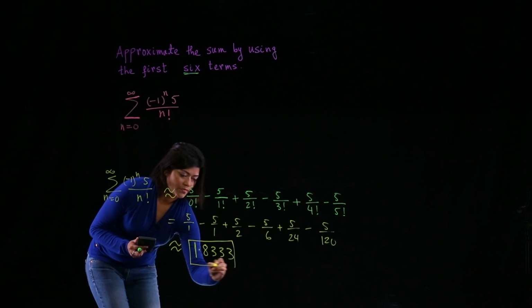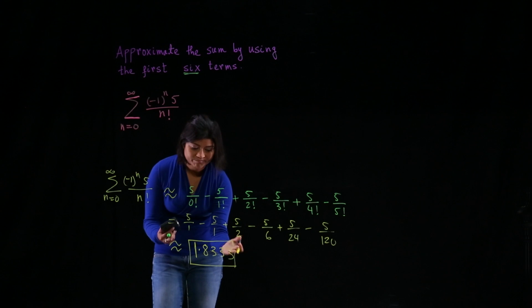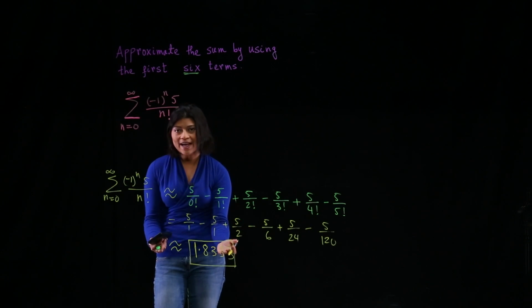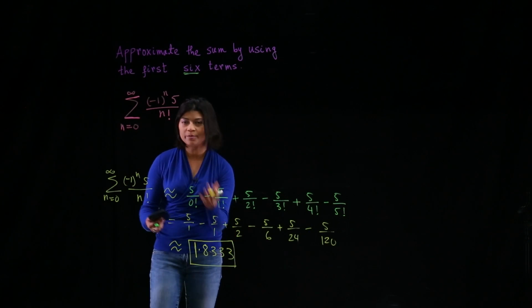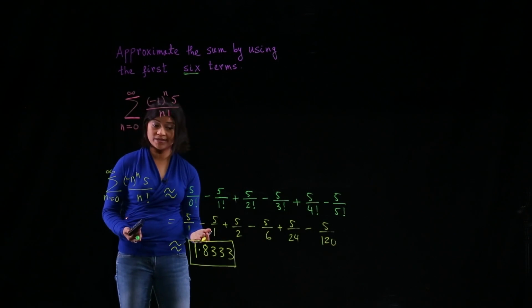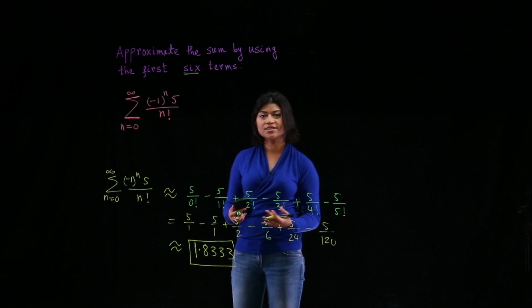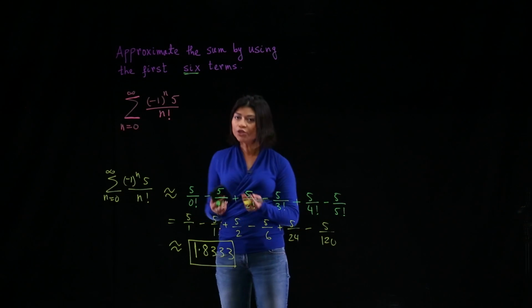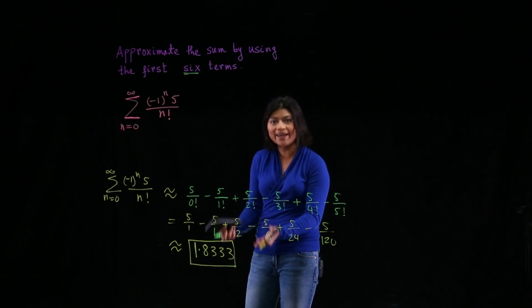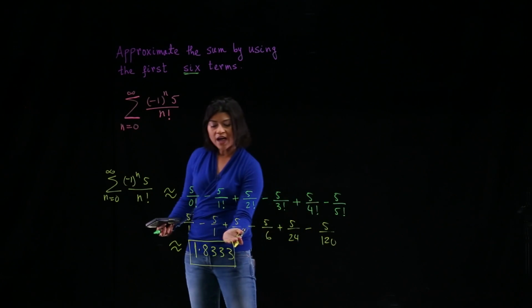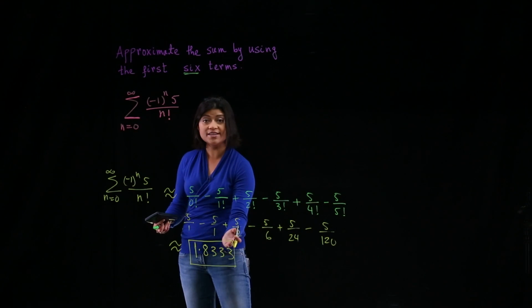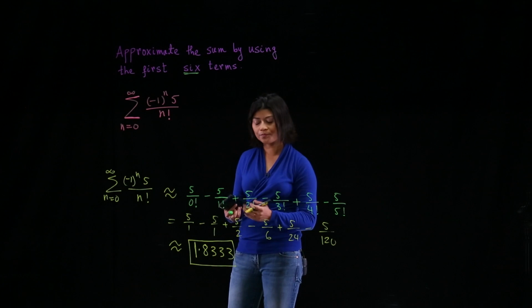Well, we have the approximate sum, but let's figure out how good this sum is compared to the exact sum of the series. So recall that there is this alternating series remainder theorem that we can use to figure out what the error is, or how far away this approximate sum is from the exact sum.